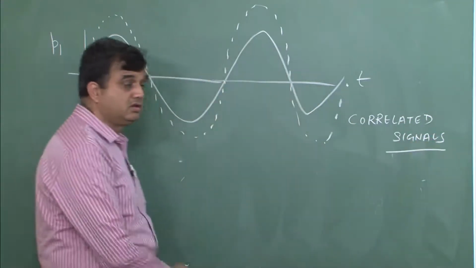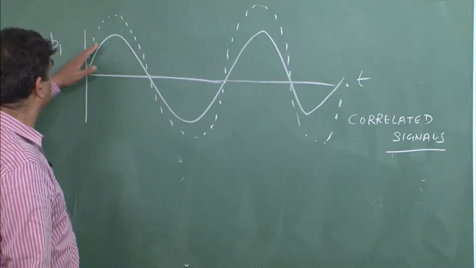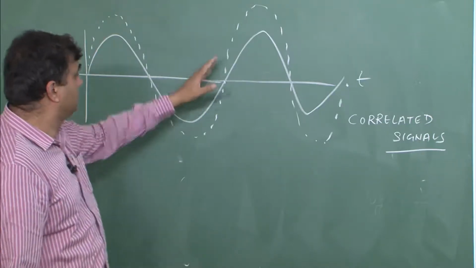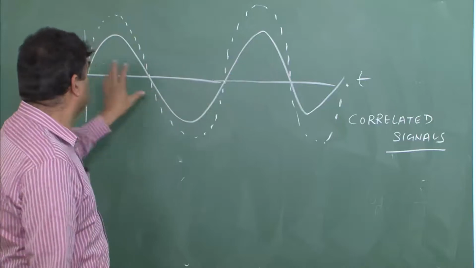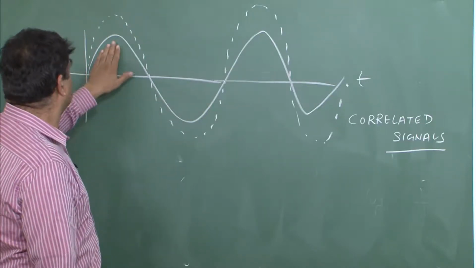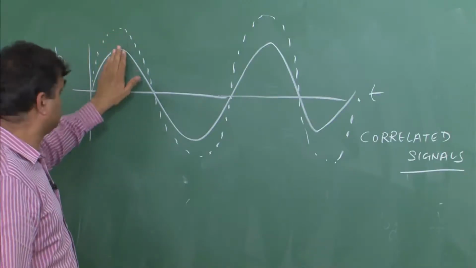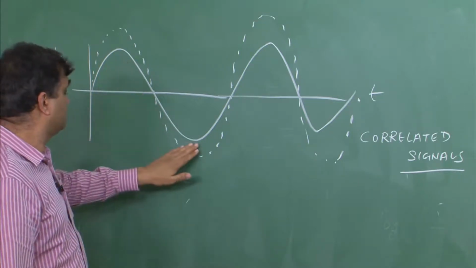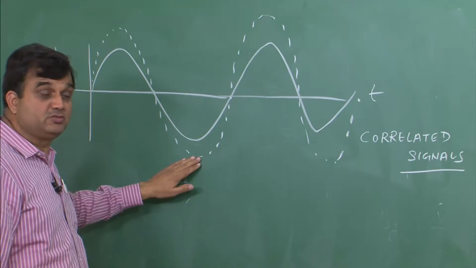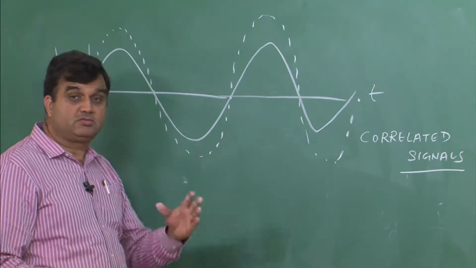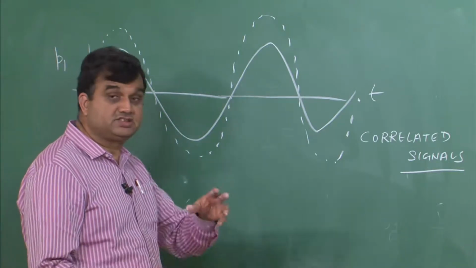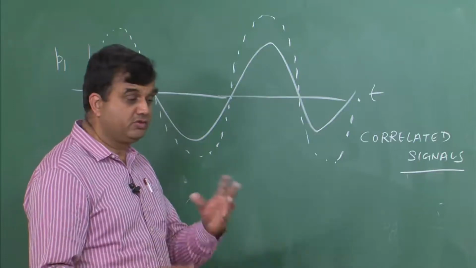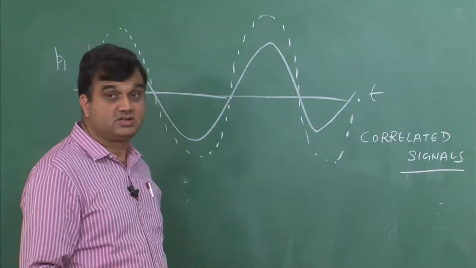What that means is that there is a strong degree of correlation between these signals. In other words, when the dotted signal becomes maximum, the solid line also becomes maximum. When the dotted signal becomes minimum, the solid line also becomes minimum. Both the signals are dancing together. They are moving together. These are correlated signals.